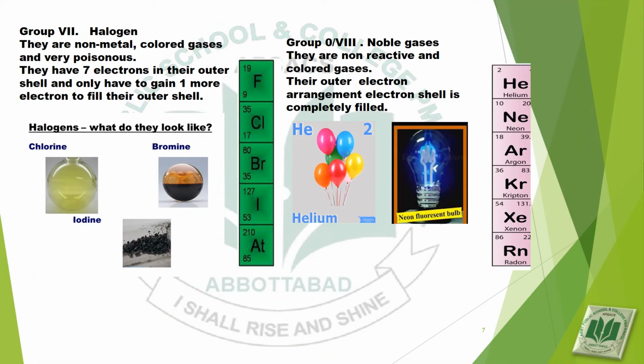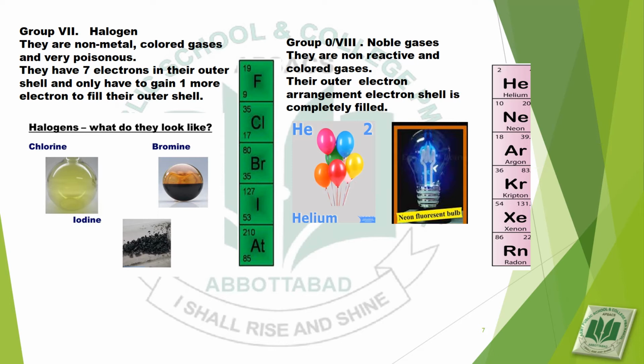In this slide, we discuss the properties of group 7 and group 8. First of all, group 7, which is also known as halogens. They are non-metal colored gases and very poisonous.